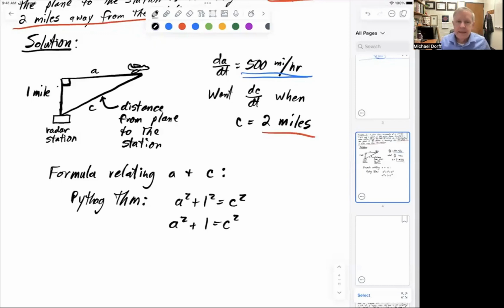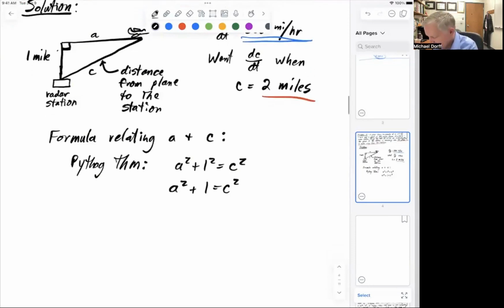Notice also that this is a related rates problem because as A changes, as A gets larger, C gets larger. So as the plane moves, the distance between the radar station and the plane also changes. So it's a related rates problem.